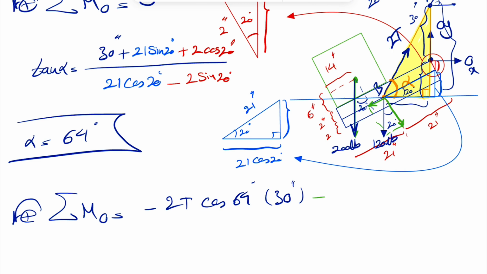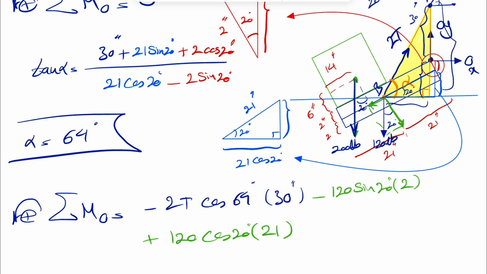So negative 120 sine of 20 degrees, and the distance would be half of the bar, which is 2 inches. And the other component will be a counterclockwise moment, so it will be positive 120, this time cosine of 20 degrees. And the distance is half of the tailgate, which we know is 21 inches.